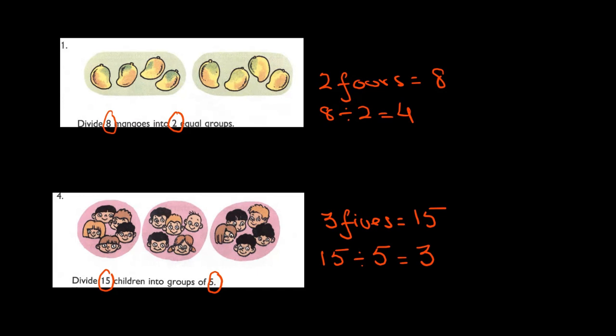So this is the number of groups, and this 4 is the number of objects in each group. These are the two different interpretations of division that we can use.